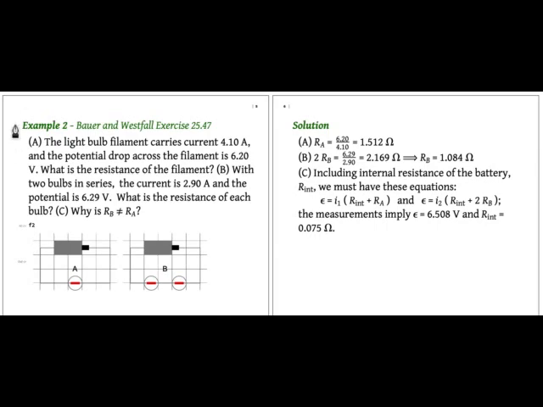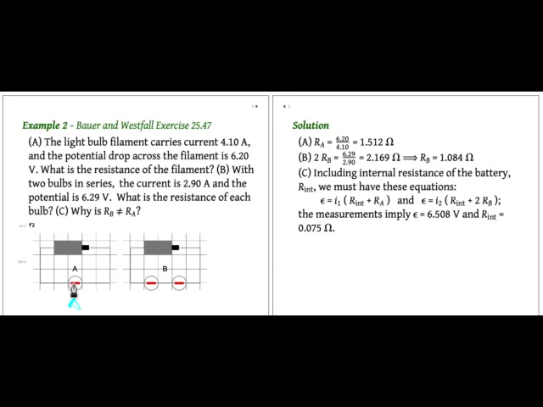Here's another example. This is taken from the textbook by Bauer and Westphal. It's exercise 25.47. It's got 2 parts, A and B. So A has a light bulb connected to a battery, and there's information given about the current and the voltage of the battery. And the question is, what's the resistance of the filament?